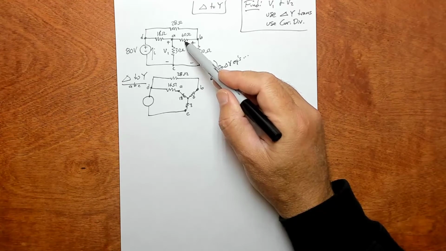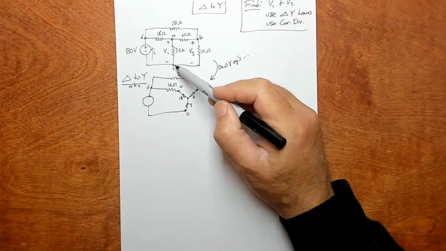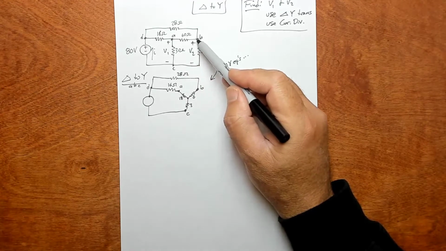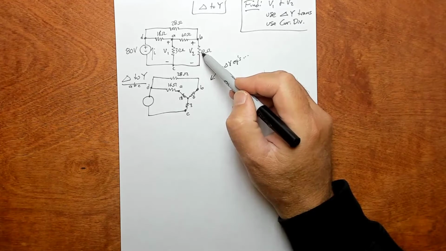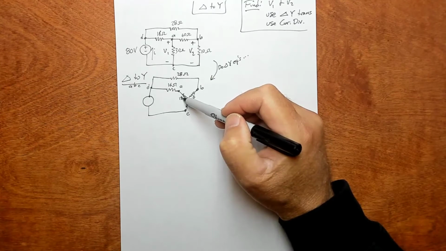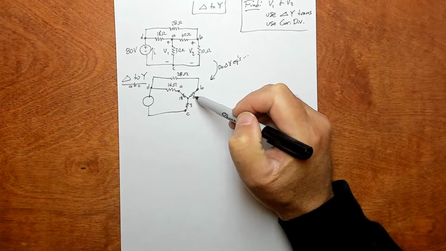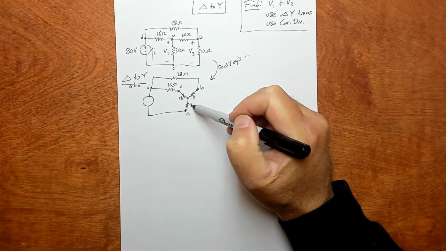For the delta, the R's are letters, right? So this is R sub C because it's opposite C. This is R sub B because it's opposite node B, and this is R sub A because it's opposite node A. Sorry about that. And then this is going to be R1, this is going to be R2, and this is going to be R3.